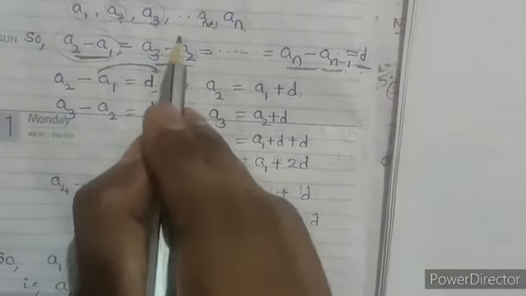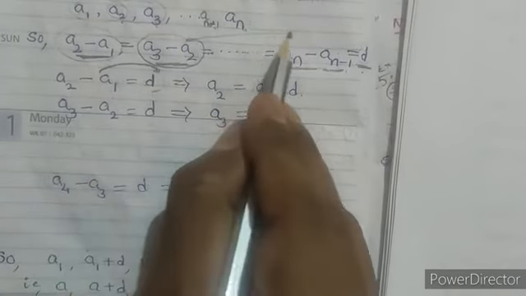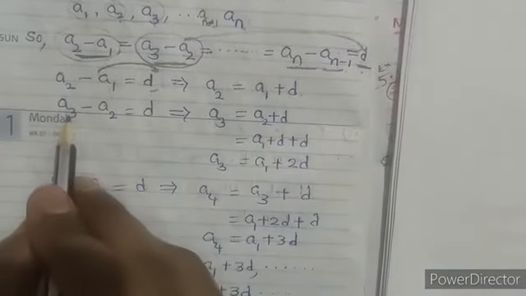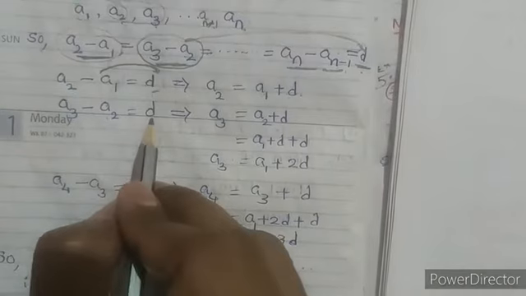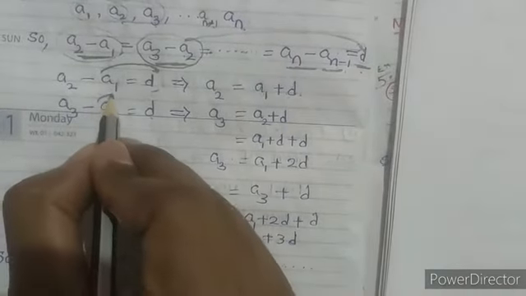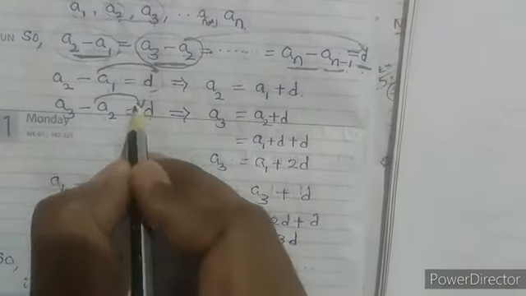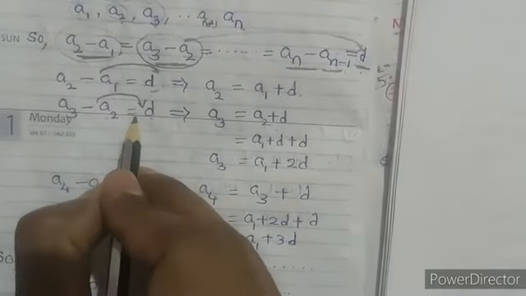Next, A3 minus A2 is also D only. So A3 minus A2 is equal to D. A3 is equal to, minus A2 if you transpose to the right hand side, it will become plus A2.